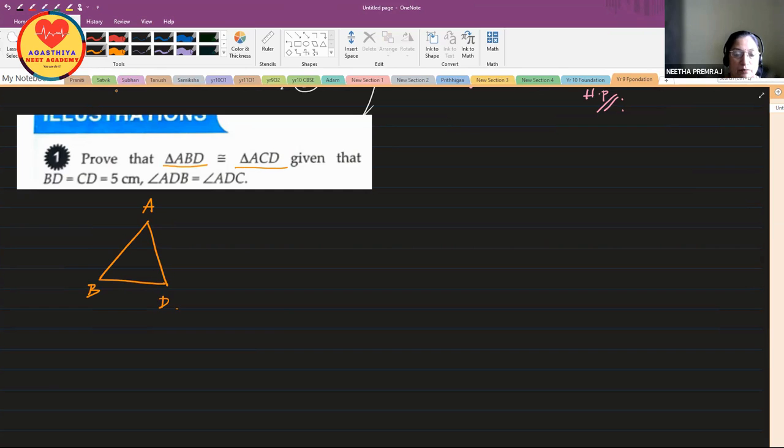So both the triangles are attached, it seems. So we draw that way. Okay, so ACD. Then what else is given? BD is equal to CD, that is 5 centimeter. And angle ADB equals angle ADC.